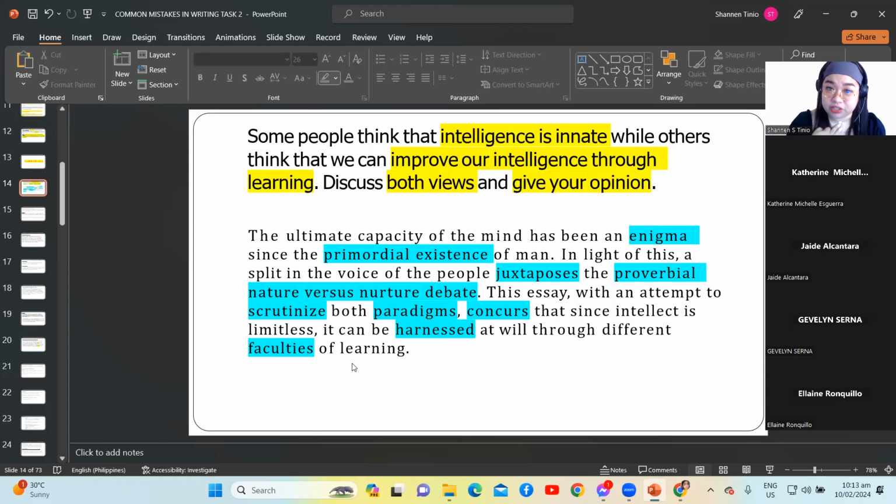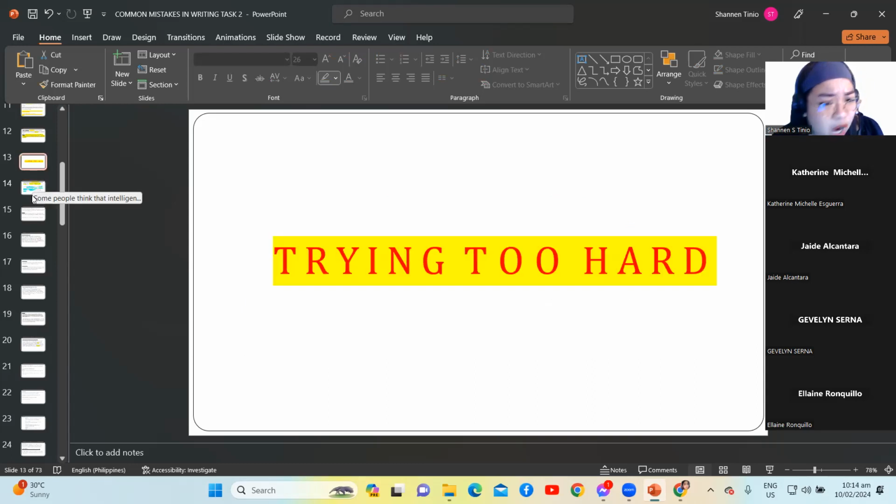And employers see that kind of effort. However, there is also harm in trying too hard. Magkaiba po yung going the extra mile sa trying too hard. Okay?